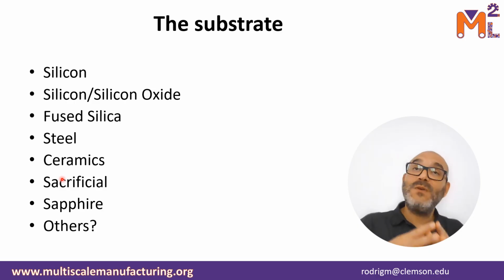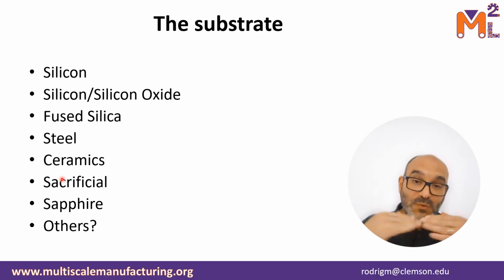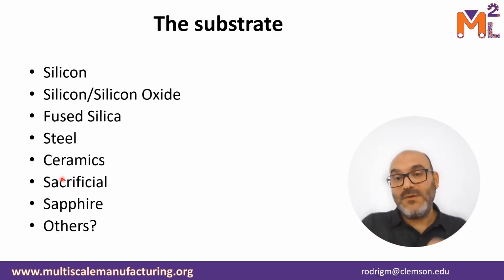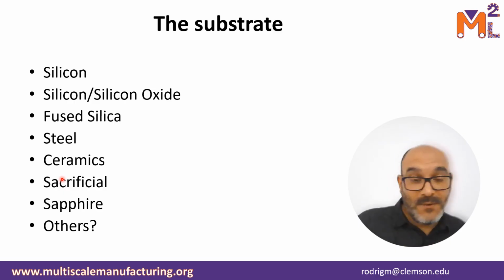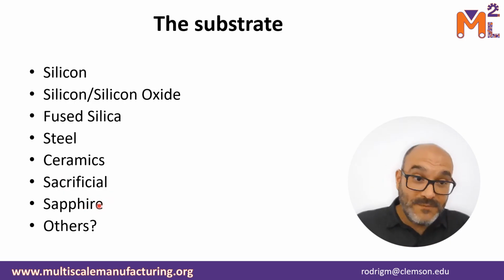But in those cases, you can imagine that you can have different substrates where you can do your process, and at the end you can either etch the substrate or you can mechanically remove it, right? Sapphire can also be another option, right?